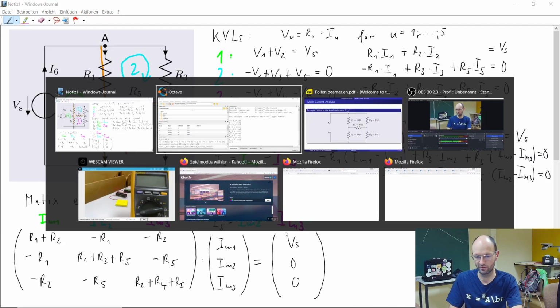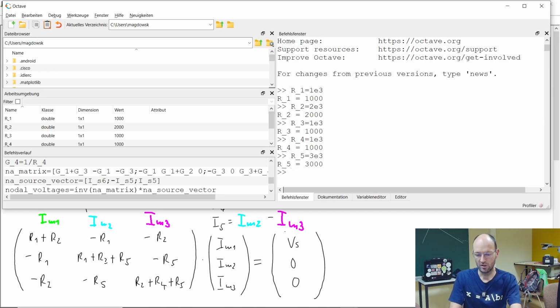So then we can try to insert our mesh current analysis matrix. For a matrix, we need square brackets, and we need R1 plus R2, then minus R1 and minus R2.